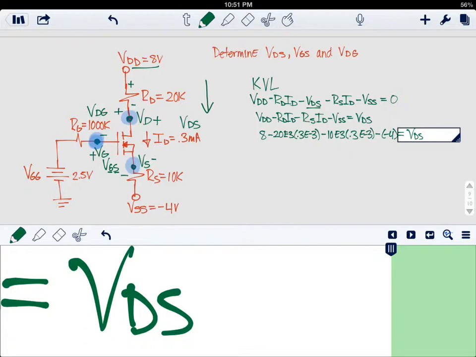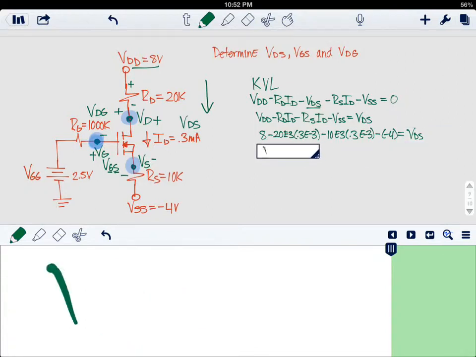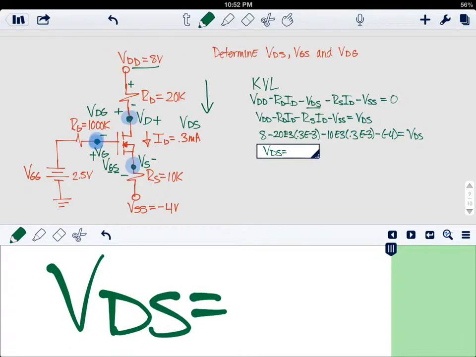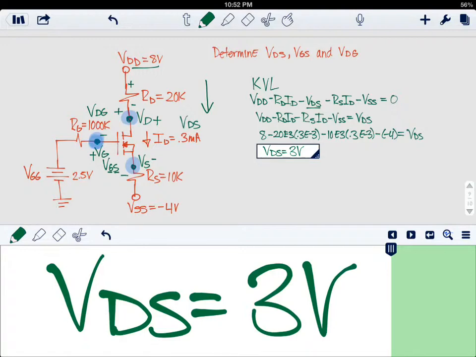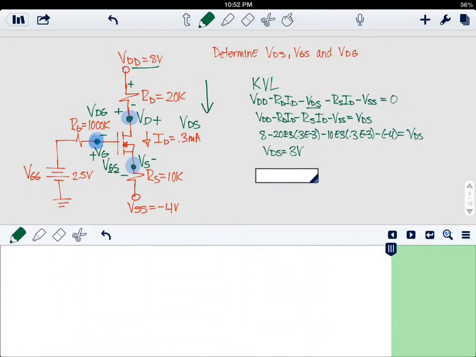We plug that into our calculator and we will get 3 volts. So we know that the voltage from the drain to the source, that voltage drop, is 3 volts.